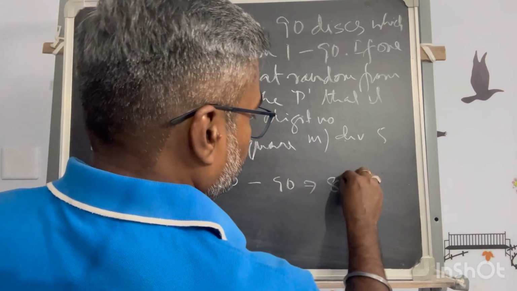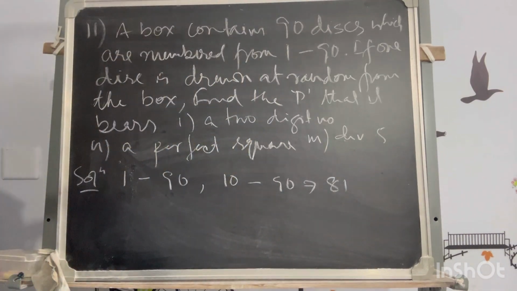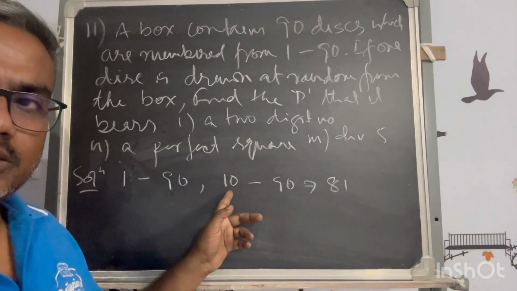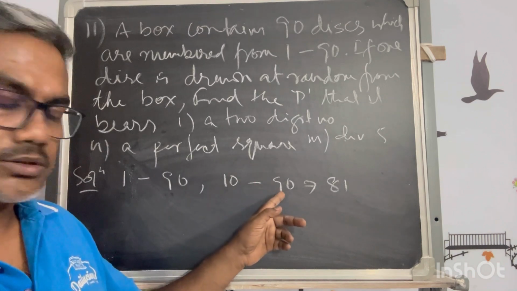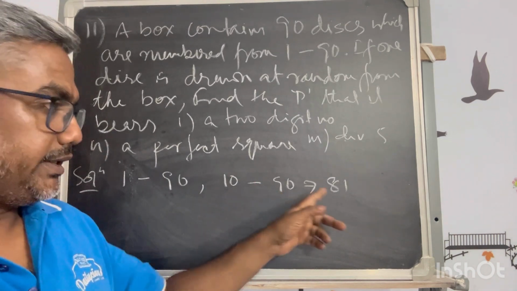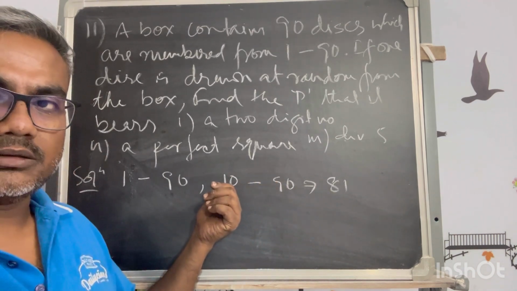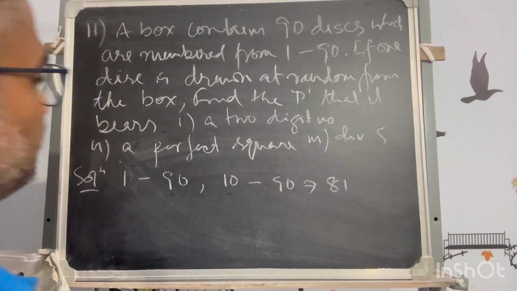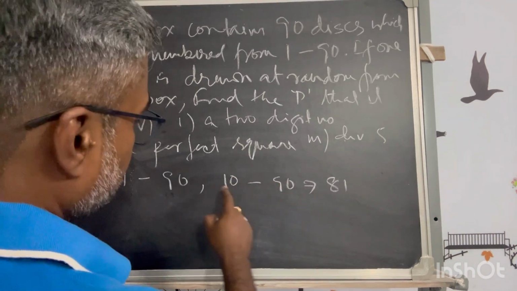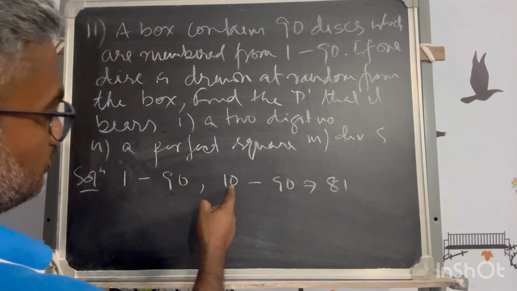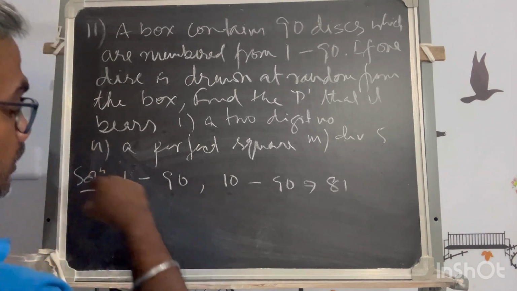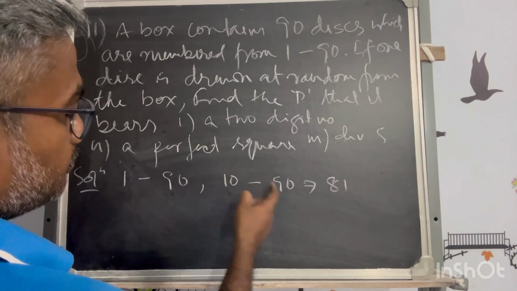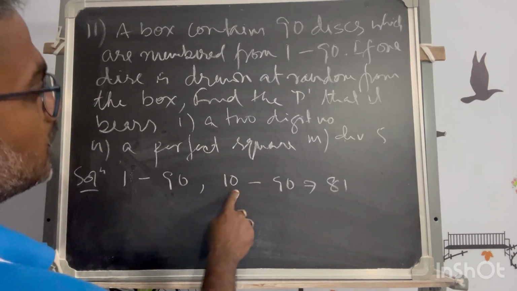It will be 81 numbers, including 10, because 11 to 90 is 80, plus 10, so 81. Don't make a mistake. People may err because they deduct 1 to 10, but 10 to 90 means including 10. This is also a two-digit number.